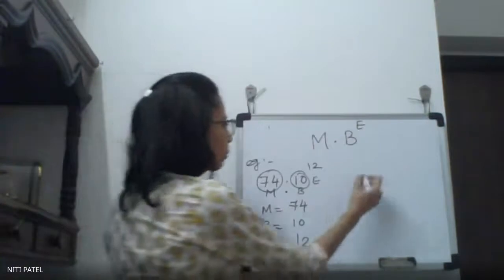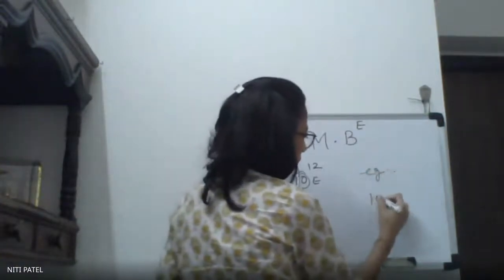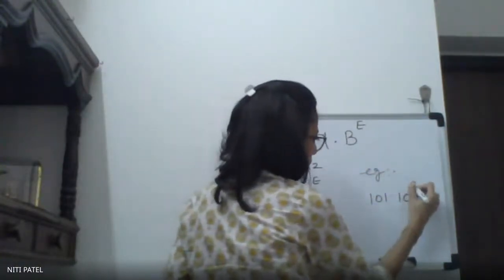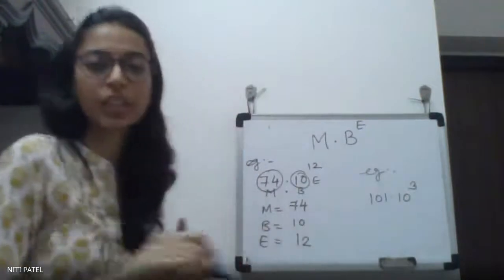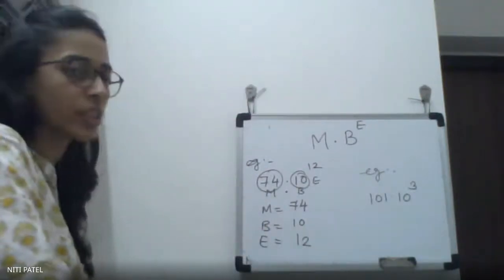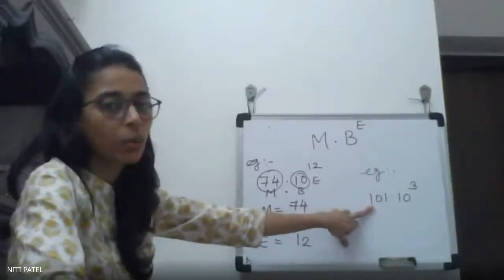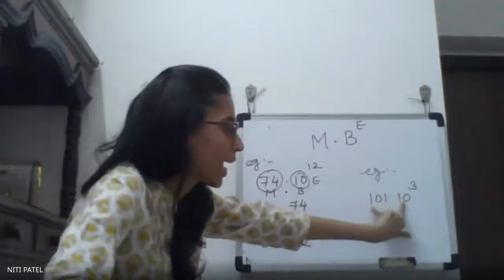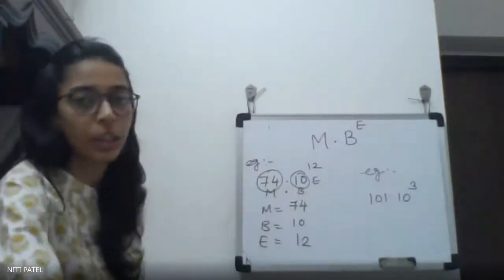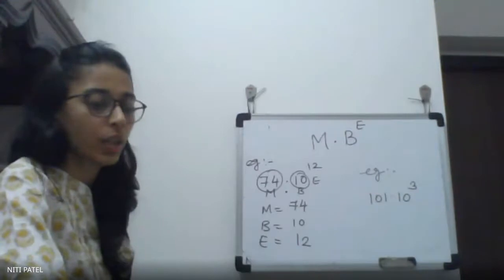If I give you one more number, can you identify which is the mantissa, which is the base and which is the exponent? Mantissa is 101, base is 10 and exponent is 3. Is this clear?